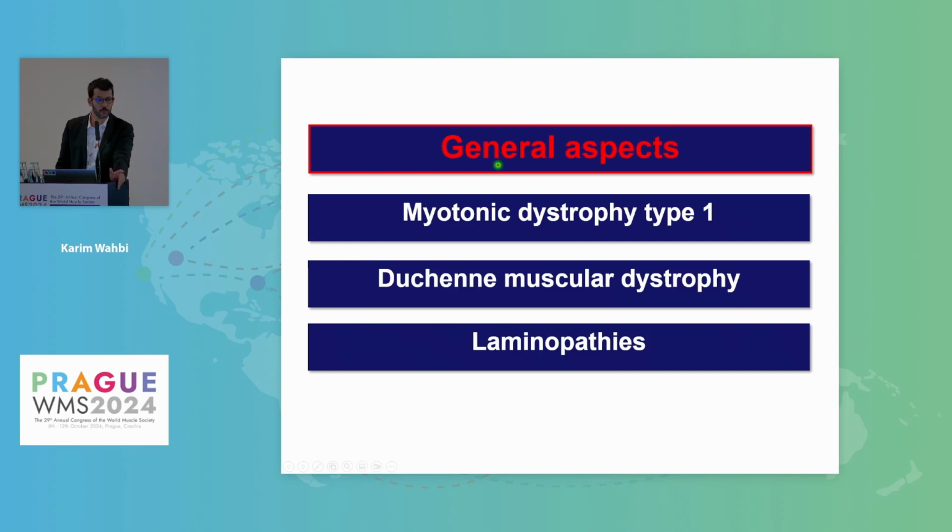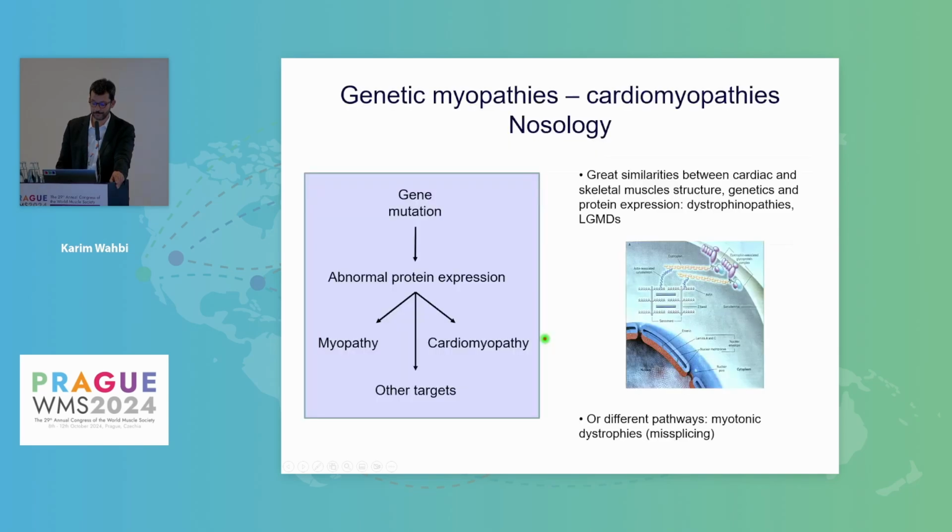So firstly, I will go through some general aspects of neuromuscular cardiomyopathies, and then I will move on to some of the most frequent conditions at risk for severe cardiac involvement. First of all, very basically, there are great similarities between the skeletal and the cardiac muscles, and that's the reason why cardiac abnormalities can be present in many conditions.